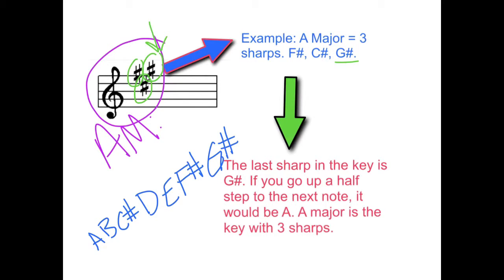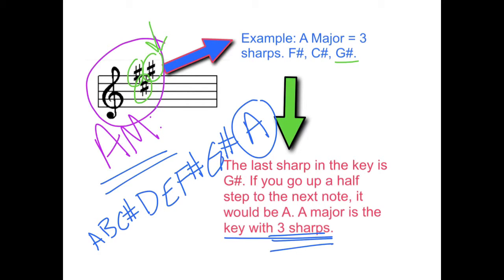Now the next note up from G sharp, we all know, would be another A. So we name that note A, and this is A major. So we are in the key of A major, which has three sharps.